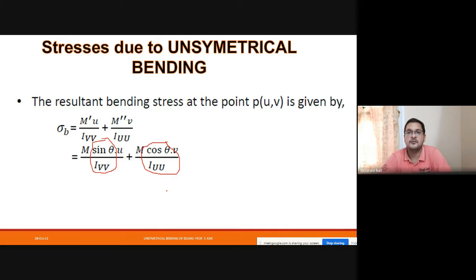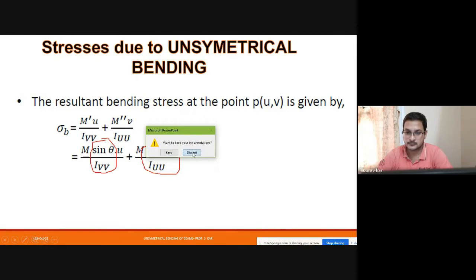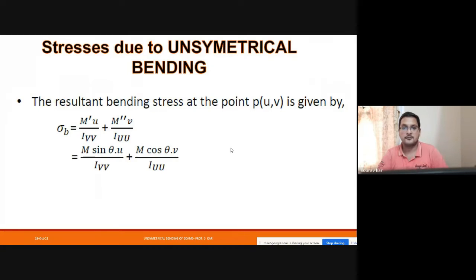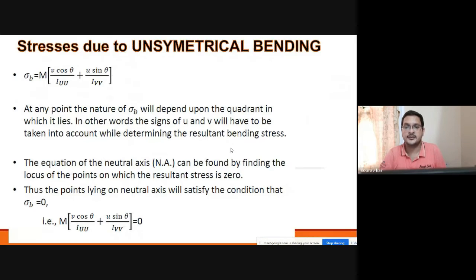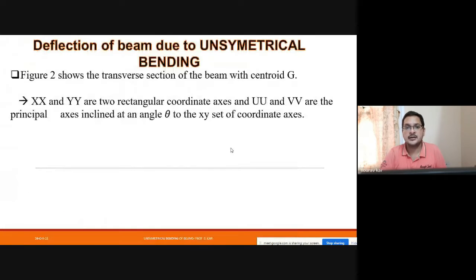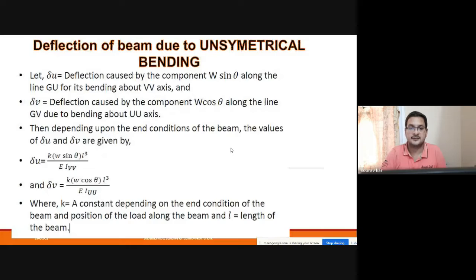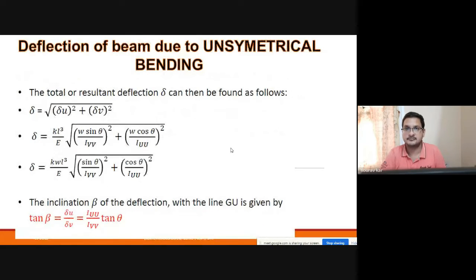Now we will come to the problems where there is a T section or an angle section, and at different points we have to find the various stresses as well as the deflection in a body. The points will obviously be shown. So remember this bending stress formula and the resultant deflection formula delta.